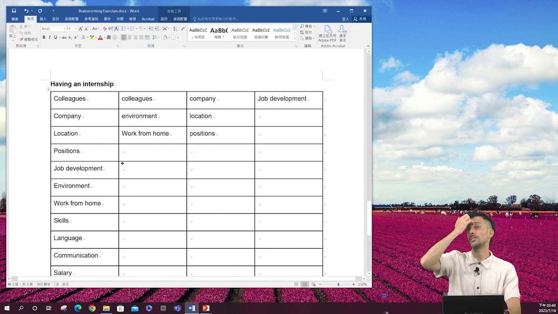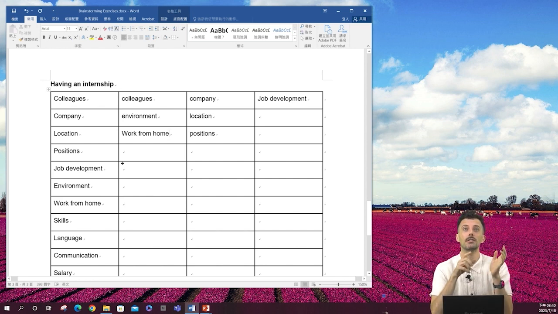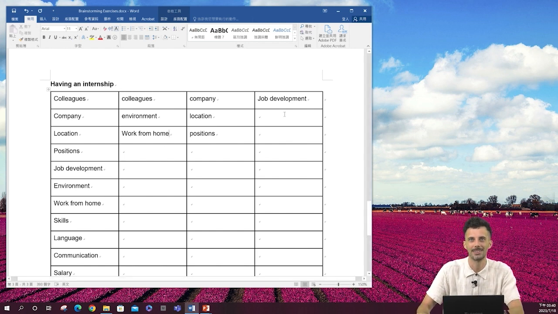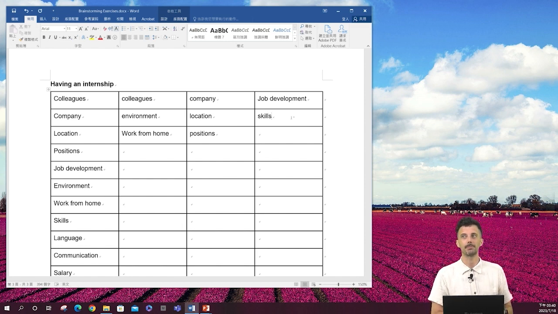Okay, skills. Let's go to skills. Would skills go with colleagues, company, or job development? Job development. Good job. Language. Which one? Colleagues, company, job development.